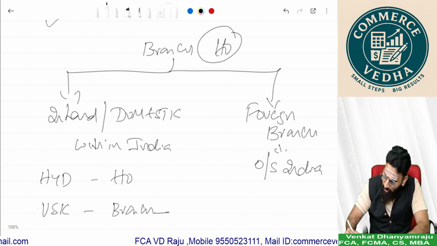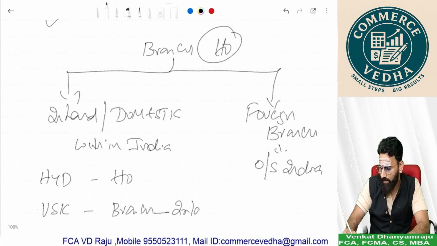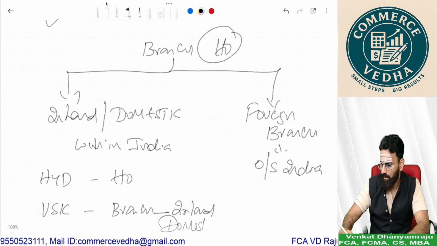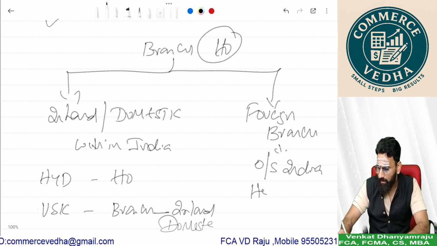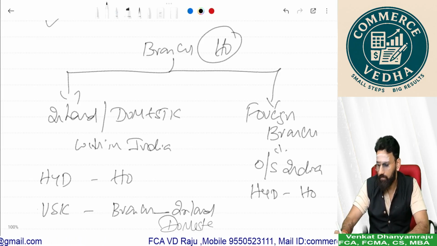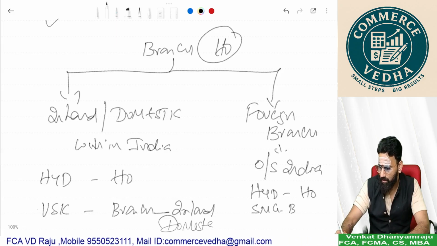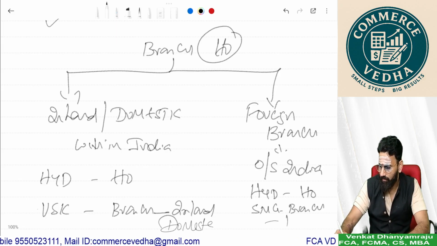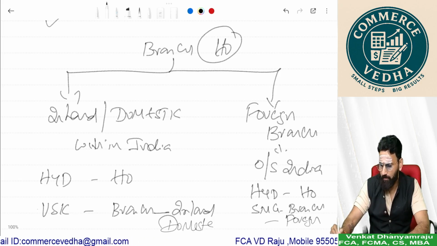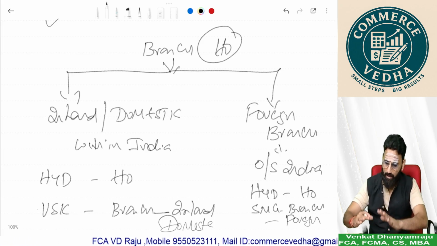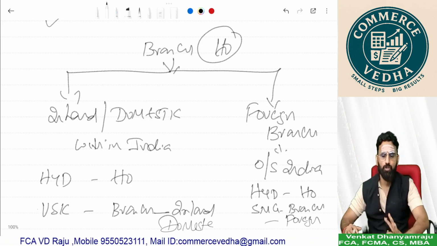So this branch is inland or domestic, whereas Hyderabad head office and, say, Singapore branch, this is a foreign branch. The accounting is different for inland branches and foreign branches.